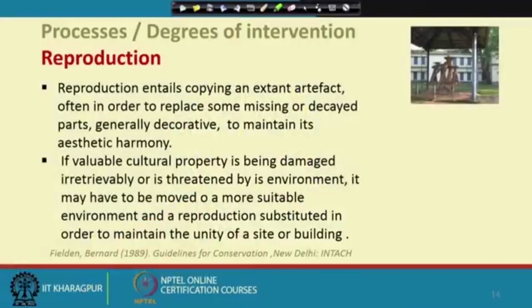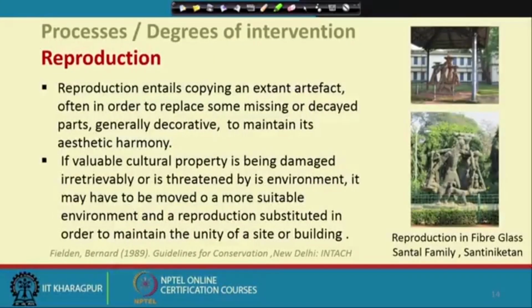In addition, they have reproduced the structure in fiberglass, the Santhal family in Shantiniketan. A few of them have been reproduced, but they are kept somewhere else. They could have been kept on the site.